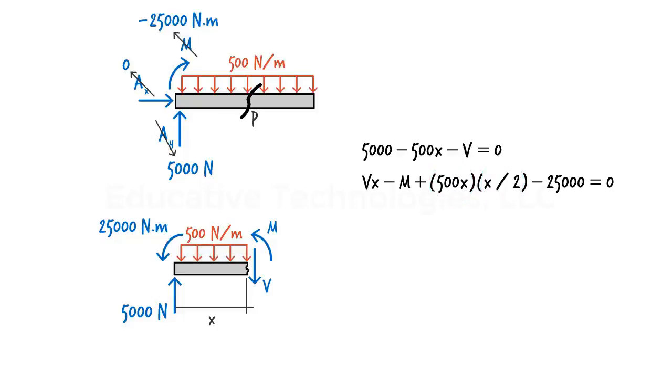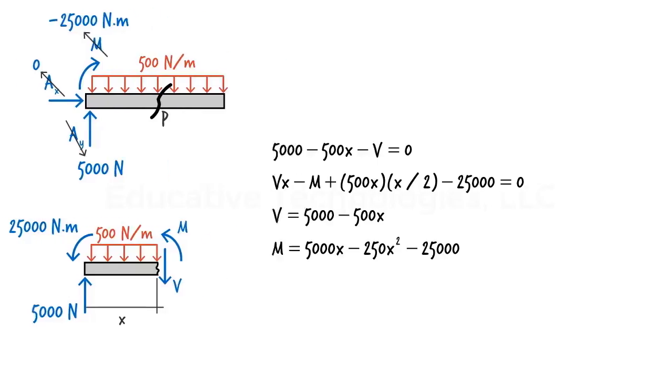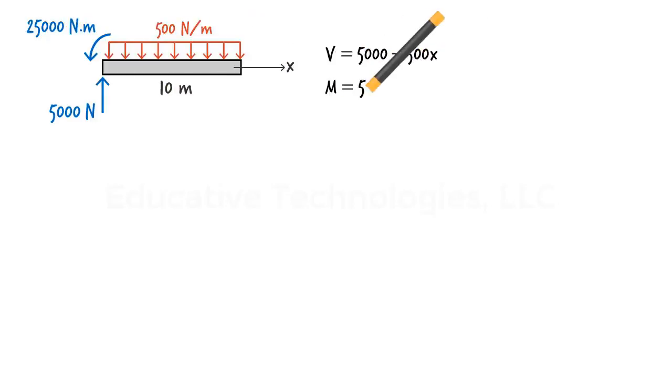Solving these equations for V and M in terms of x, we get V equals 5,000 minus 500x. M equals 5,000x minus 250x squared minus 25,000. So, these are our shear and moment equations.